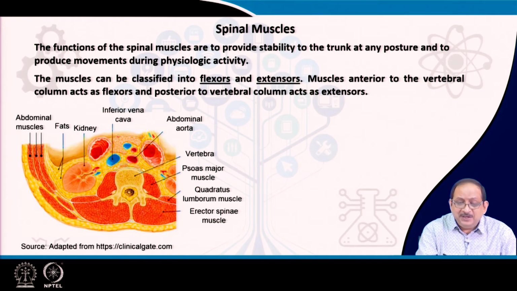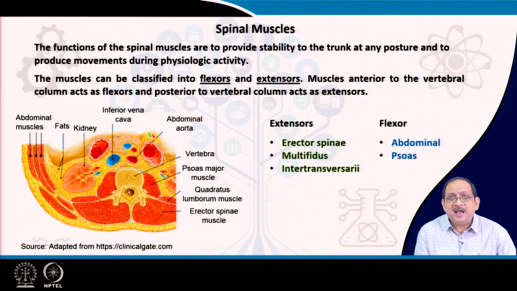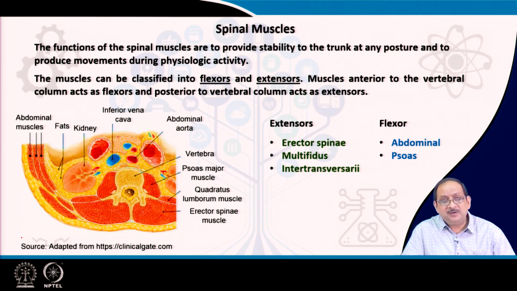The muscles anterior to the vertebral column act as flexors and posterior to the vertebral column act as extensors. The extensor muscles are erector spinae, multifidus and intertransversary. The flexor muscles are abdominal and psoas.